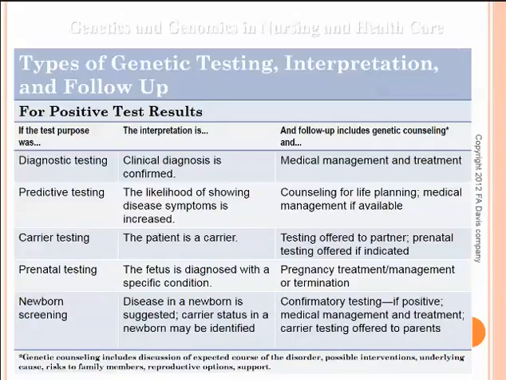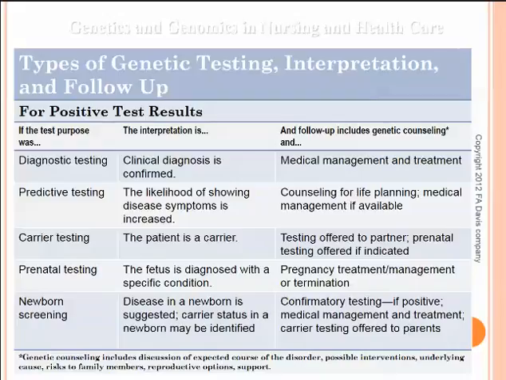All right, so the types of genetic testing, interpretation, and follow-up. When you have a positive test result and a diagnostic test, this is when you have a clinical diagnosis confirmed. Your follow-up includes genetic counseling and some medical management and treatment. For a positive test in a predictive testing situation, the interpretation is that the likelihood of showing disease symptoms is increased.